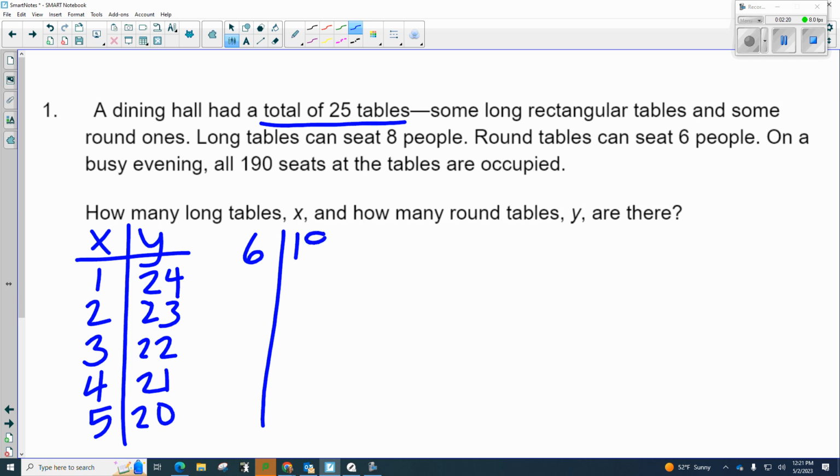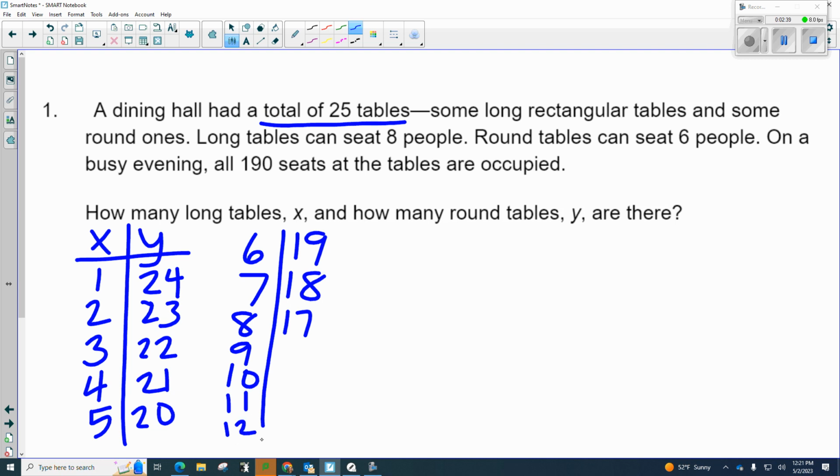6, 19. Now, you don't have to copy this work down. This is just me trying to show you some thinking. All right, so just try to follow along. Okay, and then 9, 10, 11, 12.